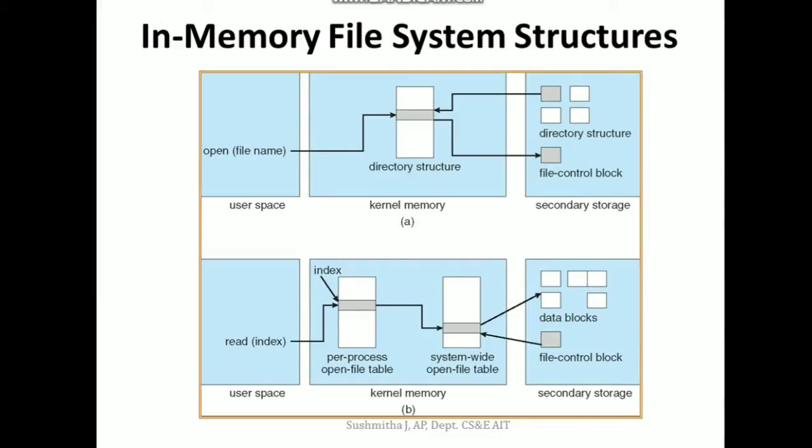So here, apart from the tables that we discussed, there is also a buffer that is maintained. So the buffer holds the file system blocks whenever they are being read from the disk and it is written to the disk.